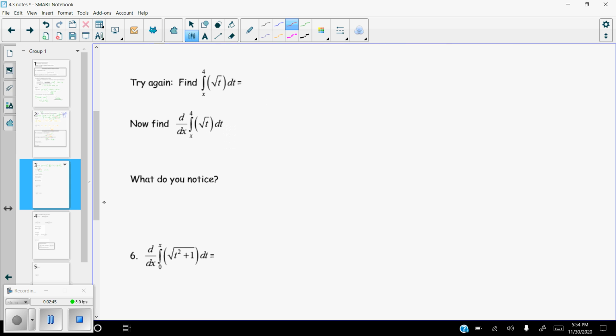So we're going to find the integral, this time from x to 4 of the square root of t dt. So remember, the square root of t is t to the 1/2. So when I take the antiderivative, it's going to be t to the 3/2, and then dividing by 3/2 is multiplying by 2/3, and we're going to evaluate that from x to 4.